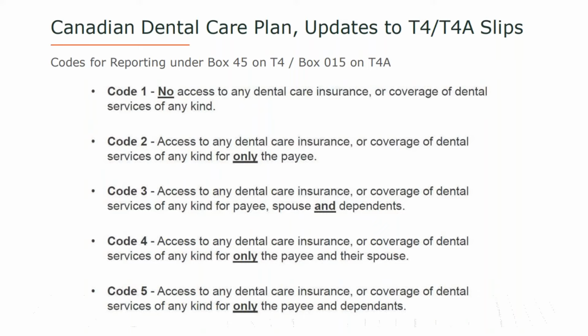Number 4 is access to dental care insurance or coverage of dental services of any kind for only payee and their spouse. And then number 5 would be access to dental care or insurance or coverage of dental for only the payee and dependents. So those will be the 5 codes that you would select from that will report on T4 box 45 or T4A box 105.